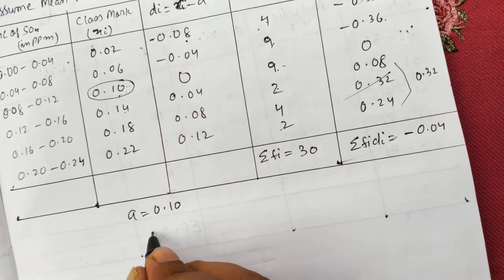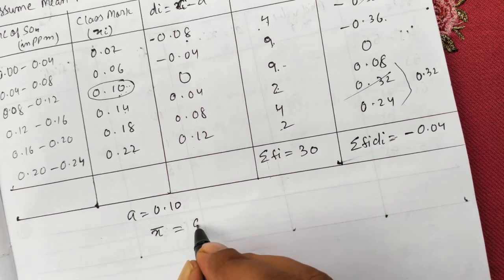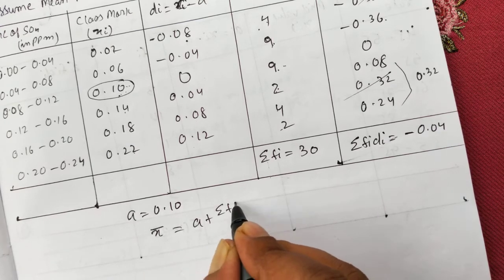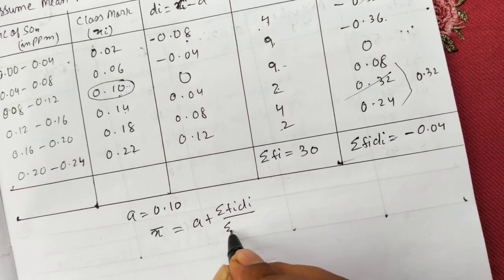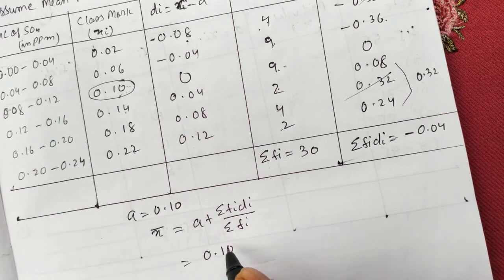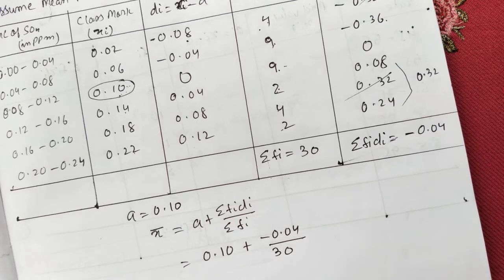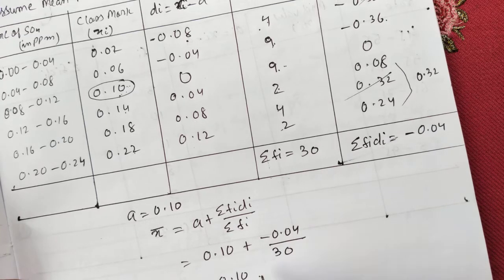Let us find the mean by using the formula, assumed mean method. A plus summation fidi by summation fi. A is this one, the selected one. This is minus 0.04 by 30. Plus minus is minus.